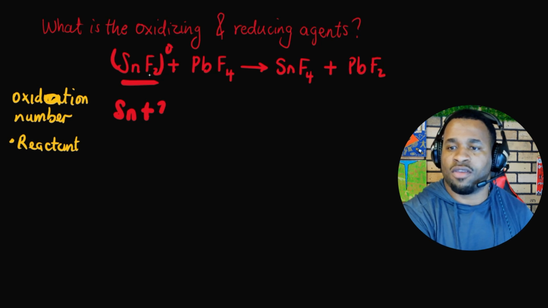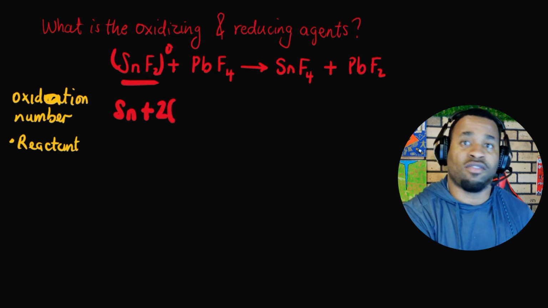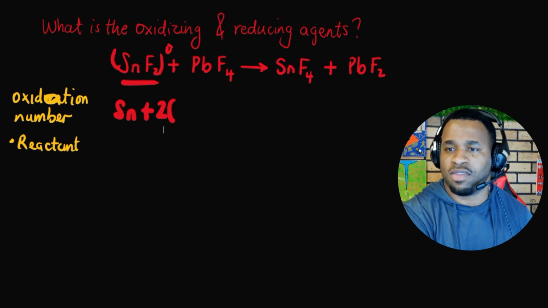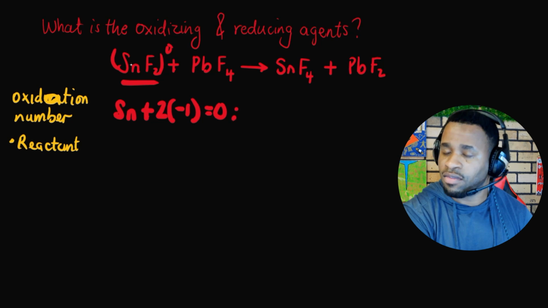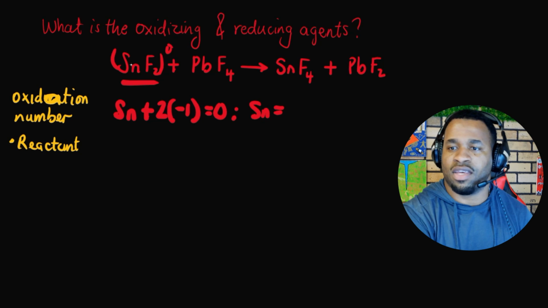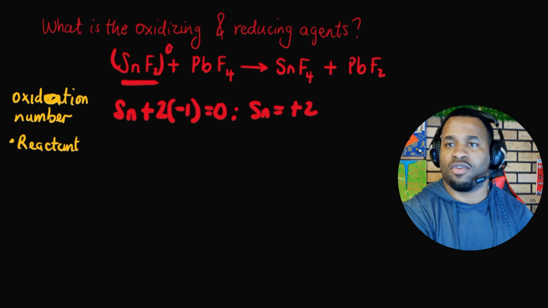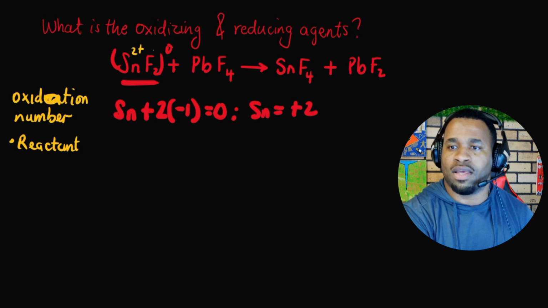Fluoride's oxidation number is always -1, and the sum is equal to 0. Therefore, when we solve for our tin, its charge at the reactant is +2. So we keep track of tin as +2 and fluoride as -1.